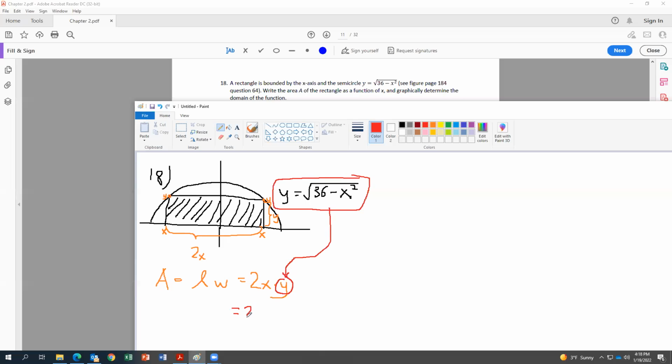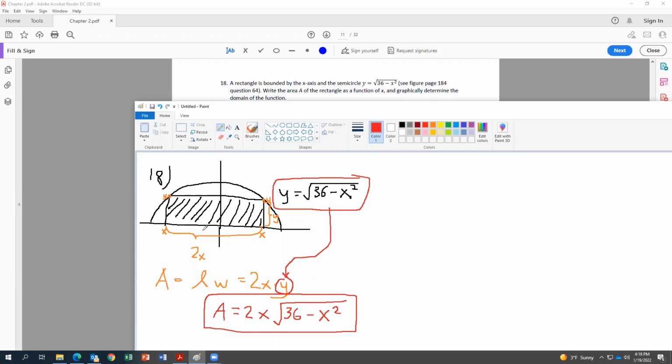So this will be 2x times the square root of 36 minus x squared. So this is the answer for the area as a function of x. And then graphically determine the domain of this function.